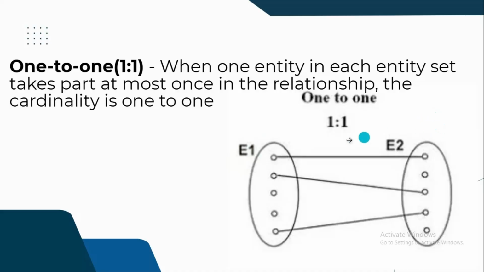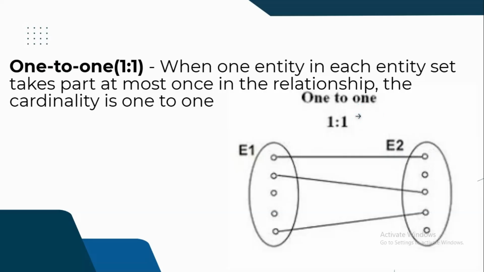One record is related to exactly one record in entity set 2. For example, a passport is assigned to exactly one person, and one person can only have one passport. So this is one to one.